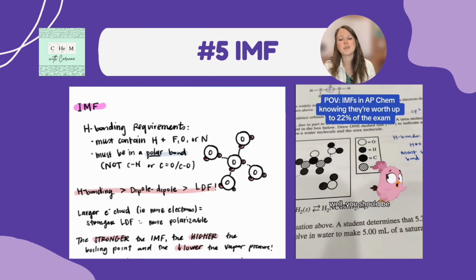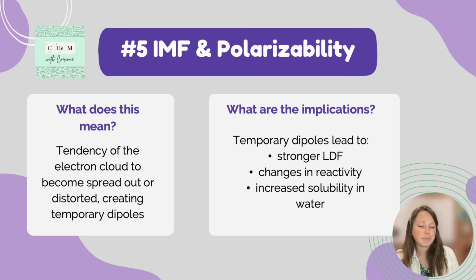And that leads into understanding how we rank the strength of these. When it comes to London dispersion forces, we're looking at the polarizability of that electron cloud. What that means is, if I think about a molecule that has 5 electrons versus one that has 55 electrons, there's going to be a bigger difference when I have 55 electrons.